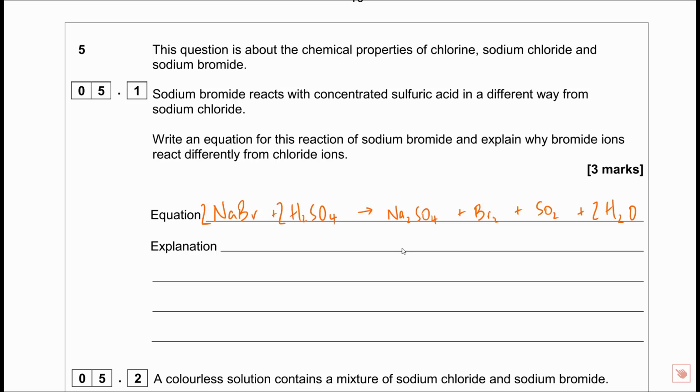Right, explanation. Why does it react differently? Why do the bromide ions essentially react differently from the chloride ions? Well, what do we know about bromide ions compared to chloride ions? Bromide ions are bigger. Must be comparative. Bigger than chloride ions. If they're bigger, basically more easy to lose an electron. So bromide ions are bigger.